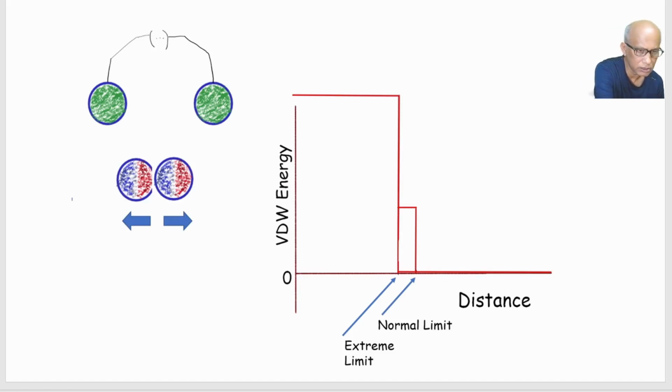So as if the atoms are not absolutely hard, but they are kind of like tennis balls. You can bring them to the touching point, but you can push them a little bit, you can squeeze it a little bit. Now these distances, these two cutoffs, this is the normal limit, which is true for most of the atom pairs, and then they have this extreme limit, which applies to a small number of atom pairs.